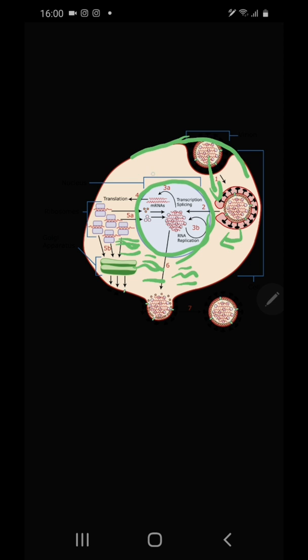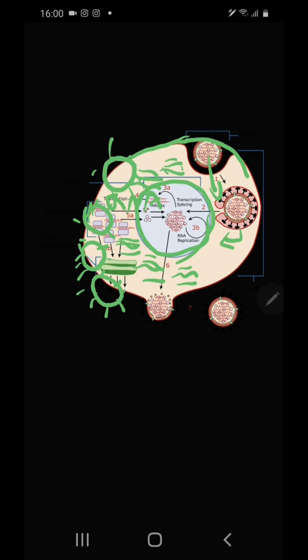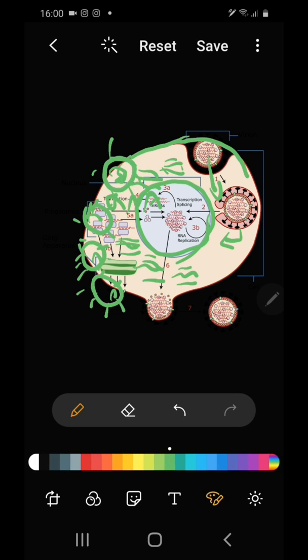After a while, the cell is full of virus particles and RNA, which at some level will burst the cell and kill it, releasing the new viruses outside. All these new viruses are capable of infecting the healthy cells in that area.